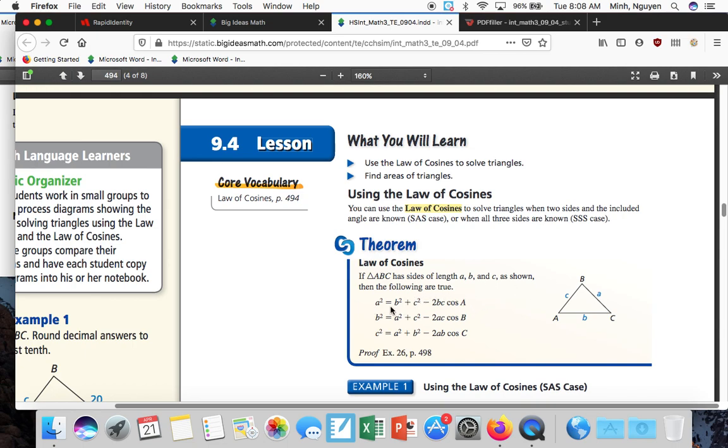Or if I know 2 sides and the included angle, then I will find out the third side. That goes for all of them. I could know the 2 sides, the included angle, and not know the third side.